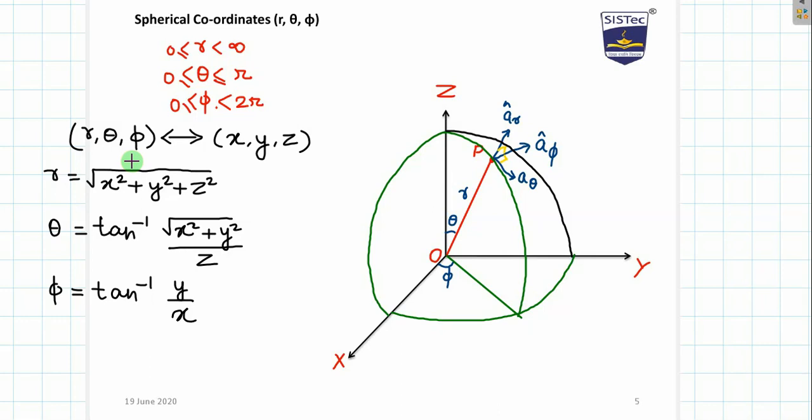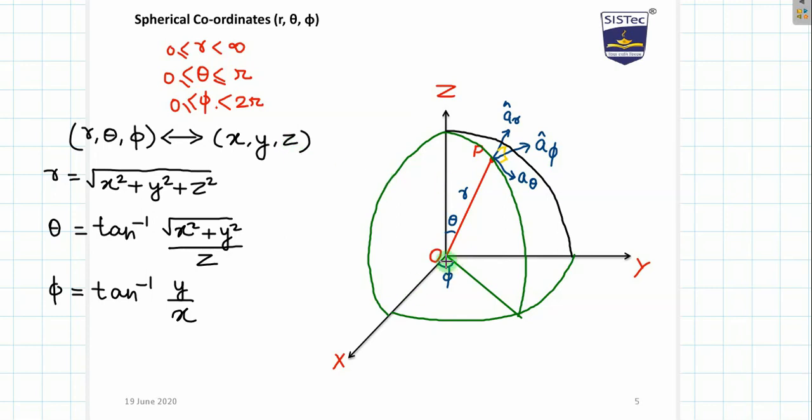But before that, let me resolve another relation. Now, if we have x, y, z, we can convert it into r, theta and phi through these formulas. But vice versa, if we have r, theta and phi, then how we can convert it into x, y and z, that we will see.